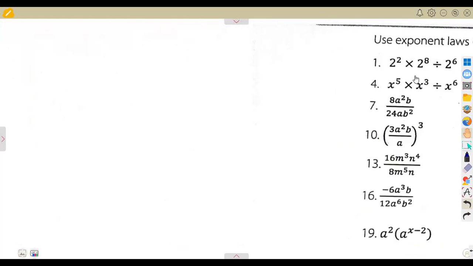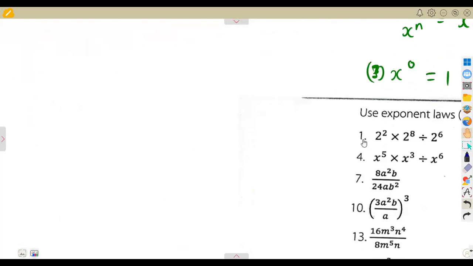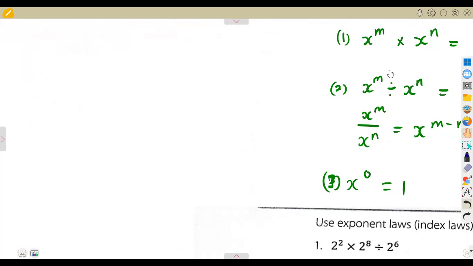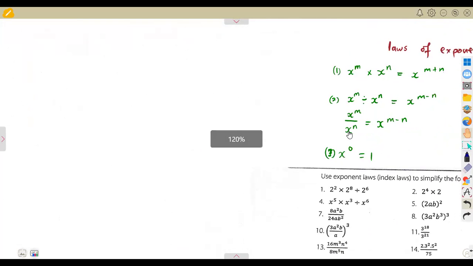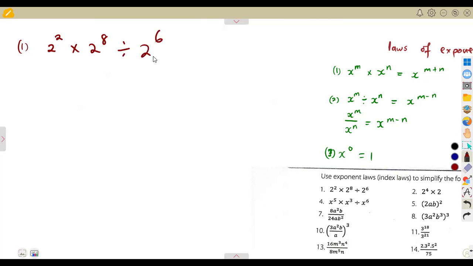Question number 1, we are given 2 to the exponent of 2 times 2 to the exponent of 8 divided by 2 to the exponent of 6. So if we check, we are just back to these laws, the multiplication, division concept. All right, so let me just save it this way so that we'll be able to see our laws. So we are given to simplify 2 to the exponent of 2, multiplied by 2 to the exponent of 8, then divided by 2 to the exponent of 6.